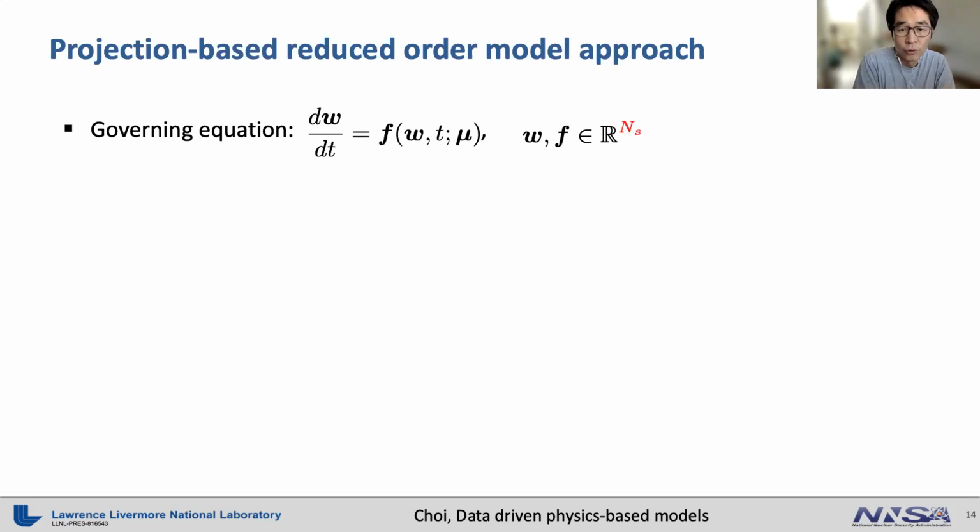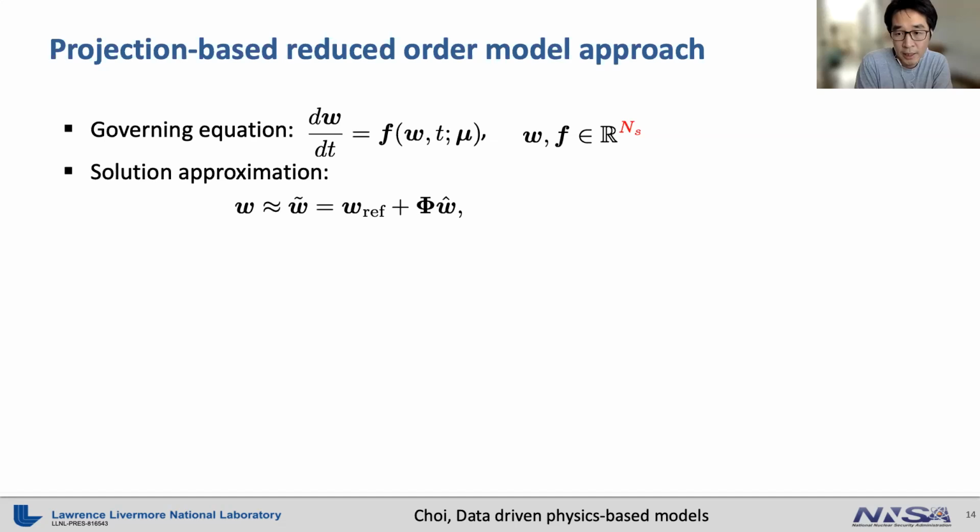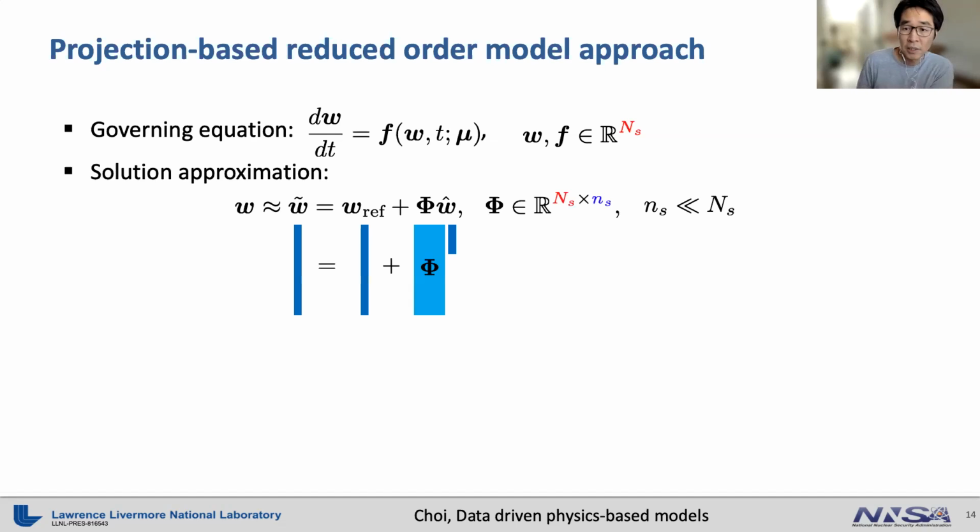To do that, we will start with this governing equation represented by ordinary differential equations. Here, w is a state variable, f is a nonlinear function, t is the time variable, and mu is a parameter. We first approximate the solution as a linear combination of reduced basis phi, whose dimension is a lot smaller than the full order model dimension.